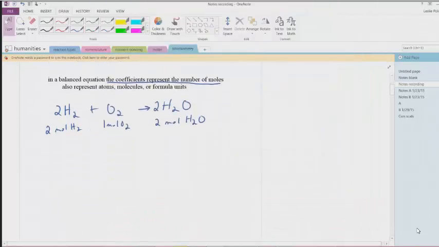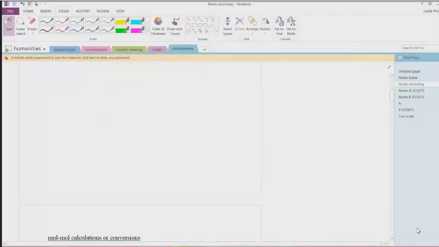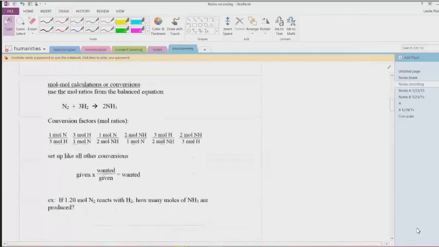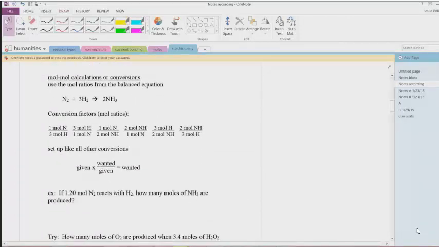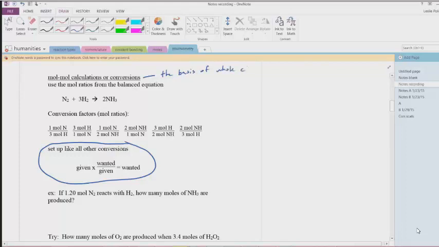Okay. So how are we going to use these moles? We are going to use these moles to do a conversion. And these mole-to-mole calculations or mole-to-mole conversions, where we use these mole ratios, that's the basis of this whole chapter.